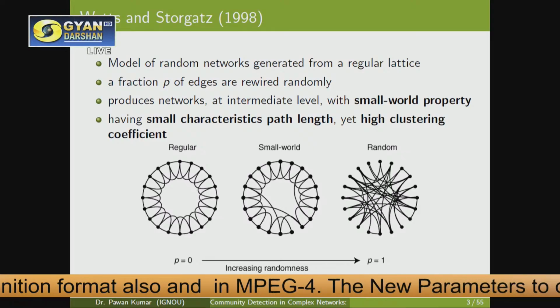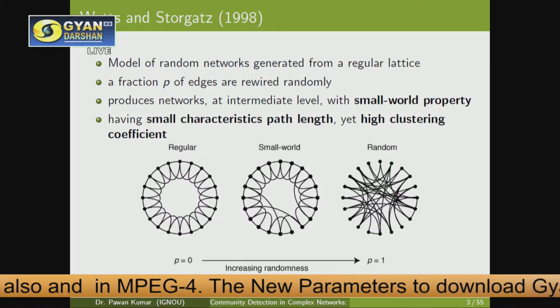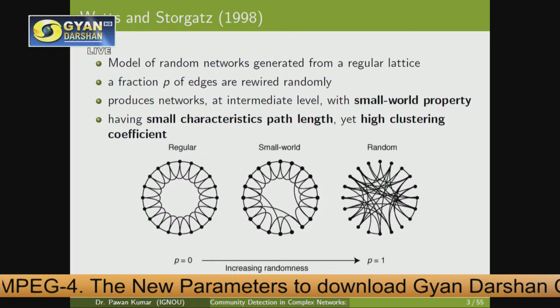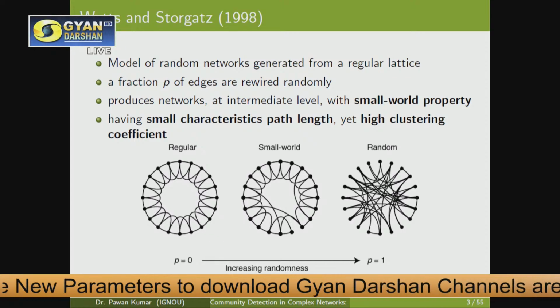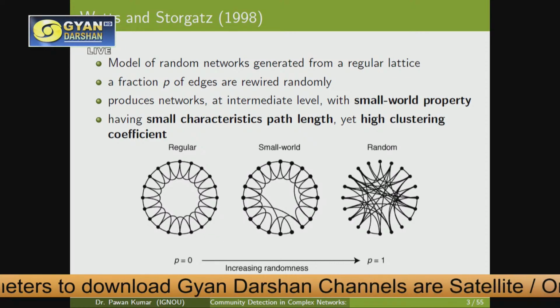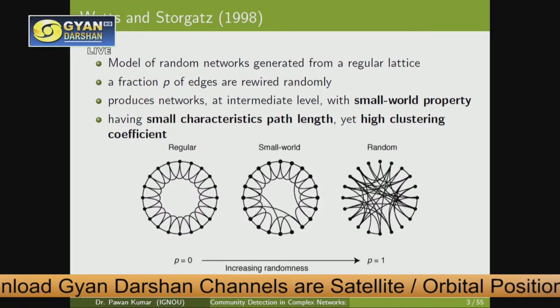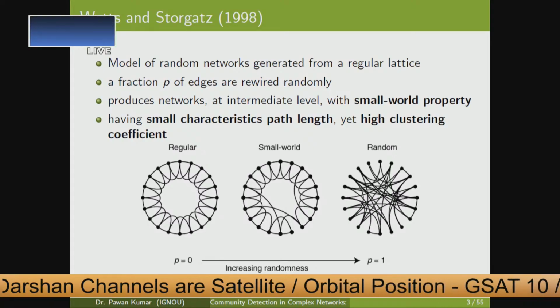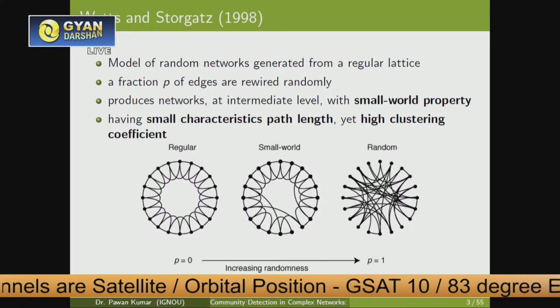They observed that all those networks have very small characteristic path length, and yet they have high clustering coefficient. So this was one of the fundamental characteristics of real world networks.